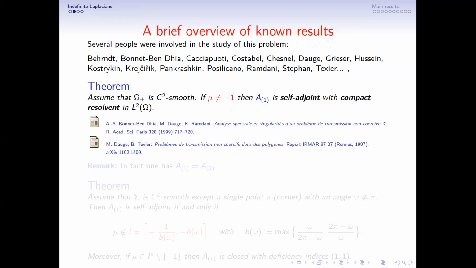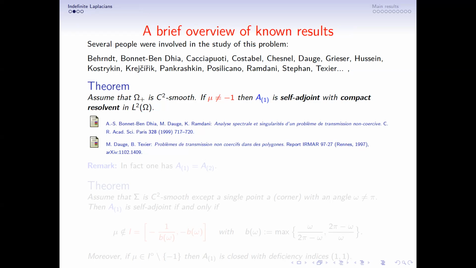But what is actually known? We start with a smooth domain. So let us assume that my omega is smooth. I will pick the picture here. So this is omega, this is omega minus, omega plus. So the normal is nu here.